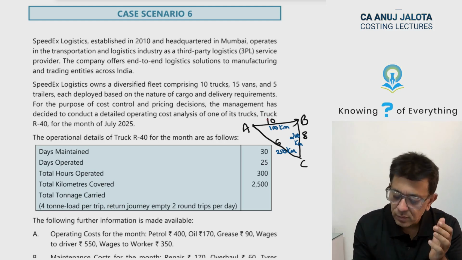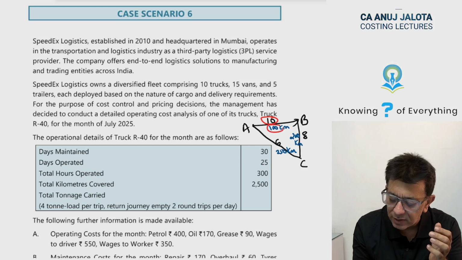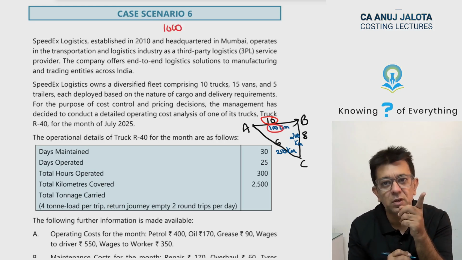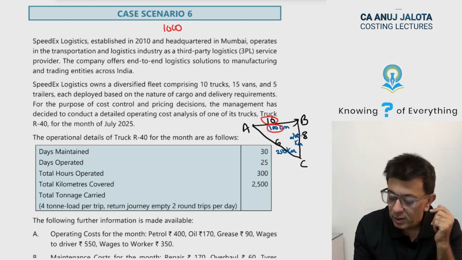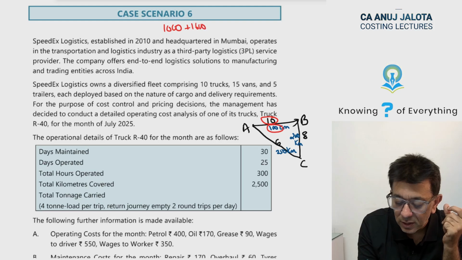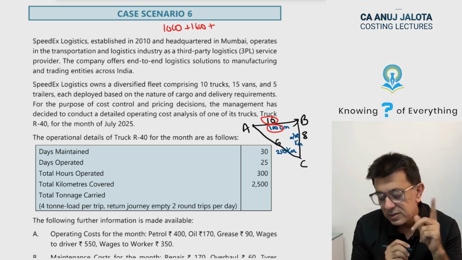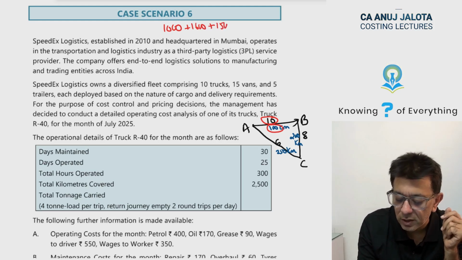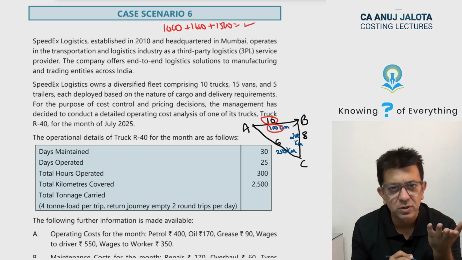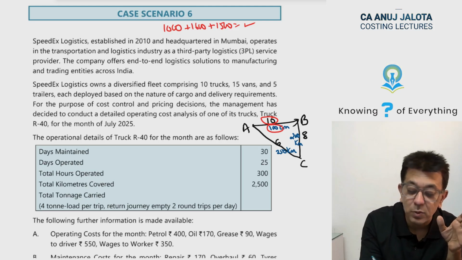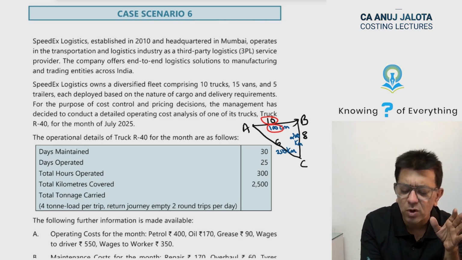So 10 tons are carried for 100 kilometers, so 1000 ton kilometers from A to B. 200 kilometers, 8 tons, so therefore it will be 1600 ton kilometers. And then C to A, that was 6 tons for 250 kilometers, so 1500. Whatever this answer comes, 4100 or something, this will be the number of absolute ton kilometers. These are also called normal ton kilometers.